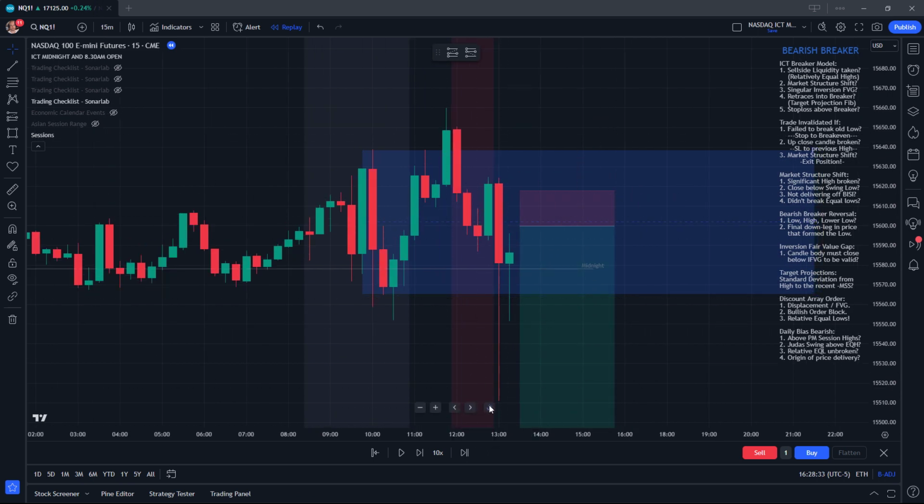So once we've created this lower low, at that point we're looking for inversion fair value gaps that have been violated, which means we're looking for the green ones. So we've got this one here. Price goes back up above there.